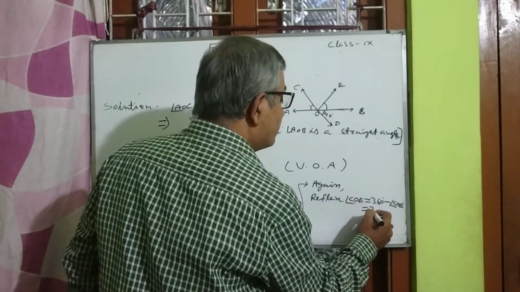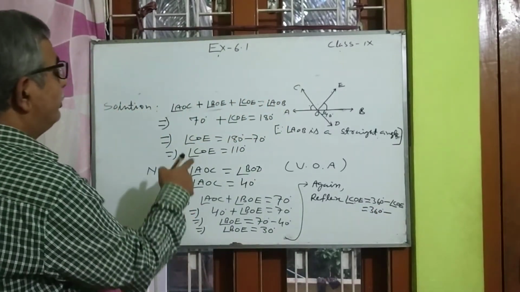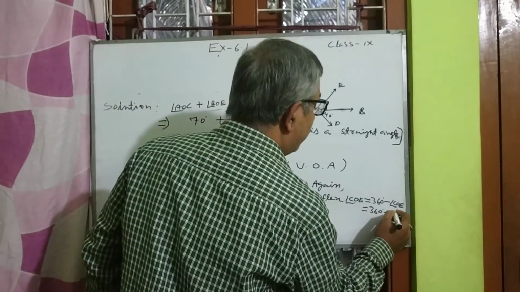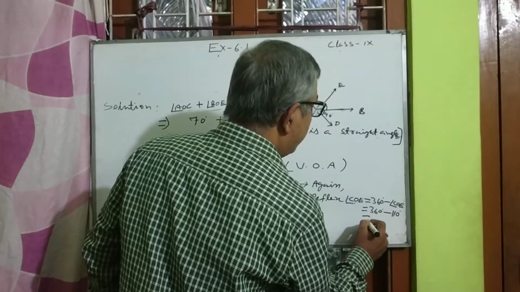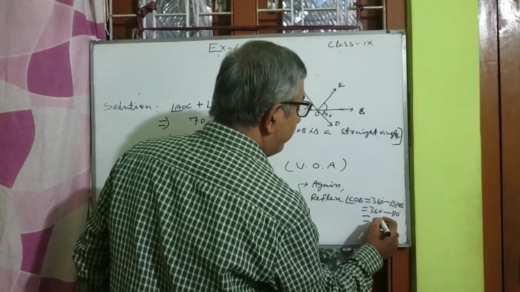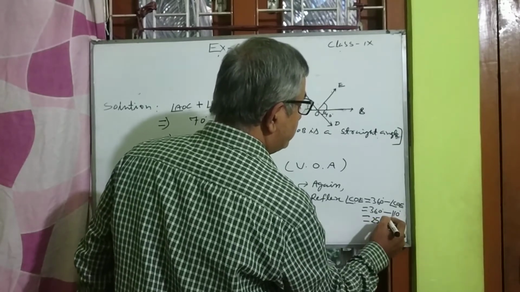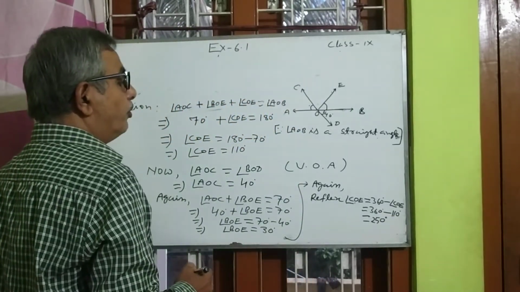So 360 degrees minus COE, and we already got COE equal to 110 degrees. I am writing here 110 degrees. So ultimately you are getting 250 degrees.